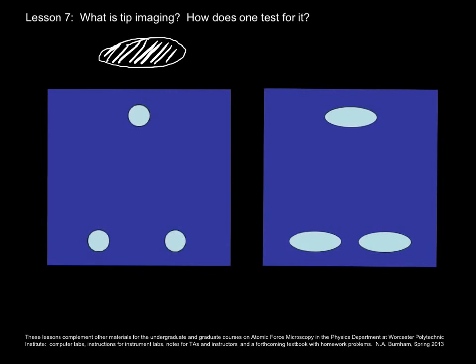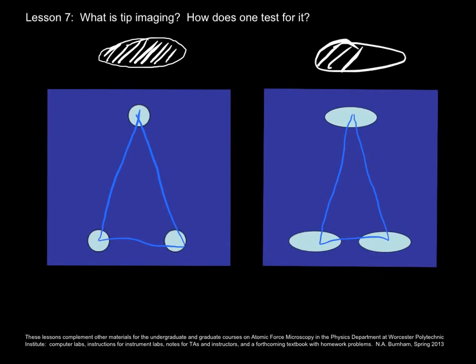Each feature is still in position. We see the triangle as before, but now the features have become elongated with the same shape as the tip, this way. So you can make up some games like this.